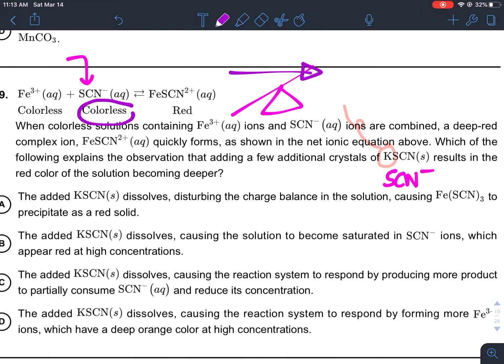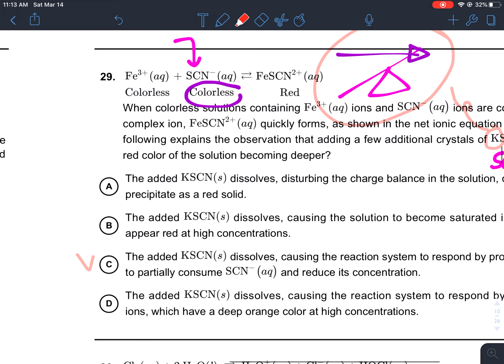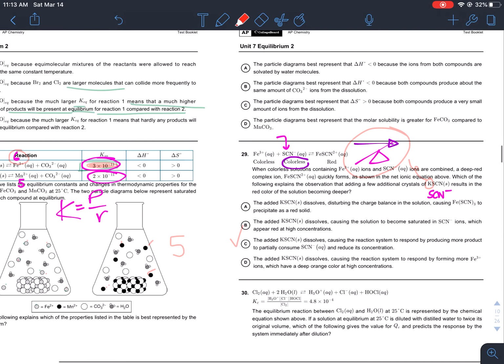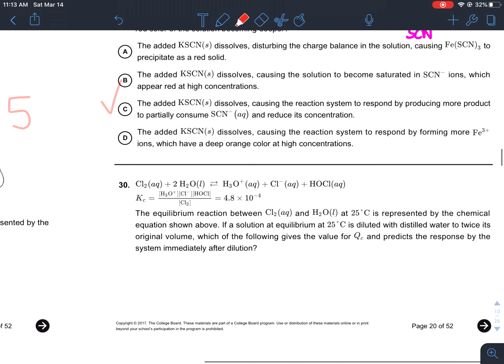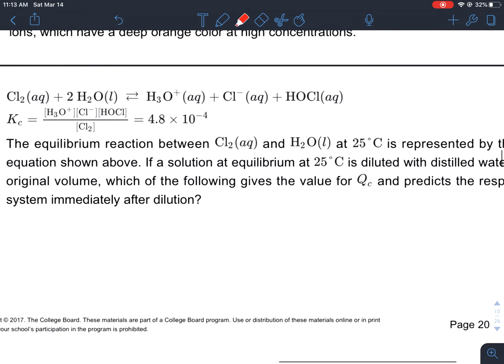C, the added KSCN dissolves, causing the reaction system to respond by producing more product. Yes, by producing more product to partially consume the SCN and reduce its concentration. The correct answer is C. Ding, ding, ding, ding. Oh, this one was good. This one was real good.